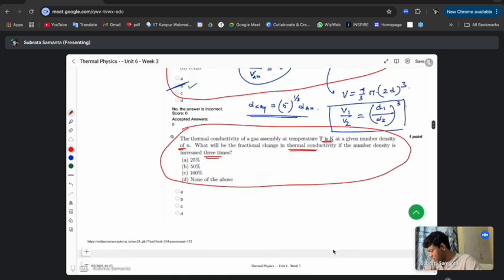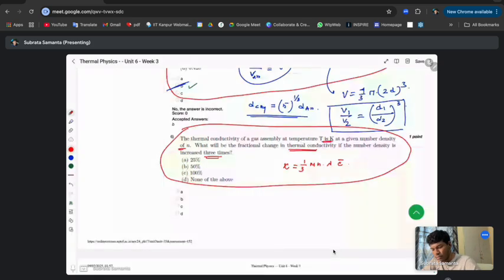The thermal conductivity kappa is 1 over 3 m n times lambda times C average, times there is a CV. This is the expression of thermal conductivity.